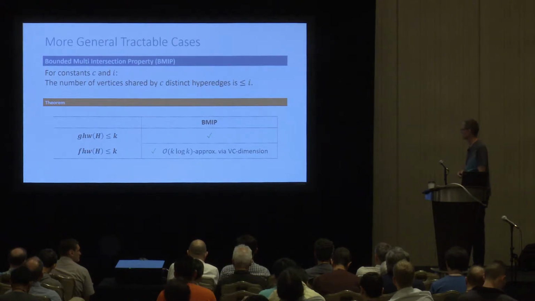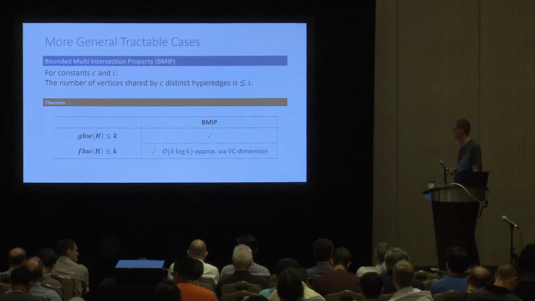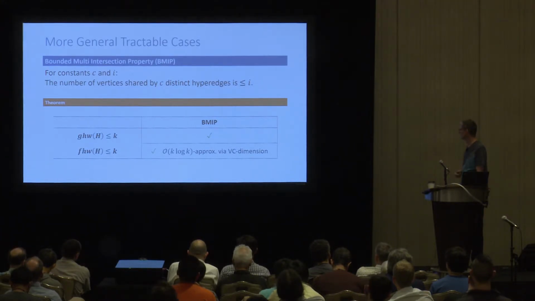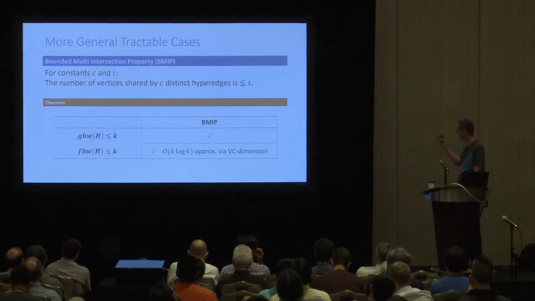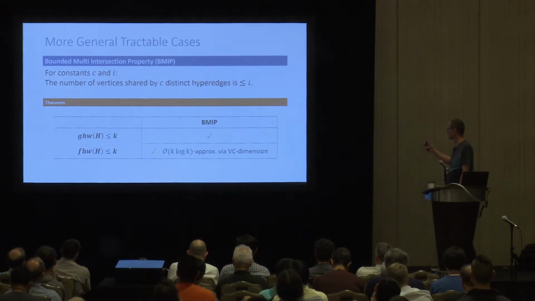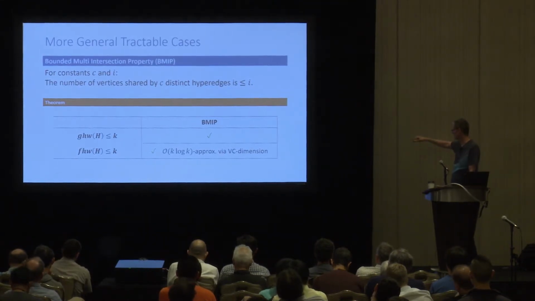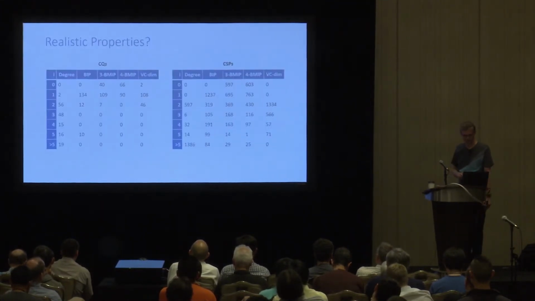And actually, we also showed an approximation result for fractional hypertree widths, namely, in case of bounded Vapnik-Chervonenkis dimension, we can, in polynomial time, approximate the fractional hypertree widths up to a logarithmic factor. Well, VC dimension is itself an intractable property, but bounded multi-intersection implies bounded VC dimension.